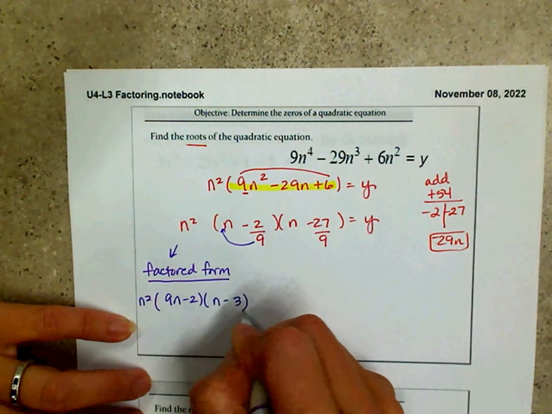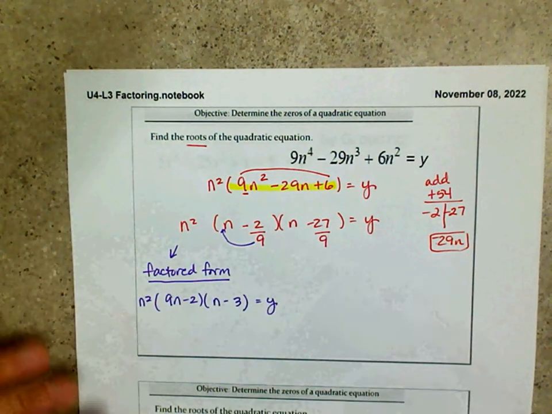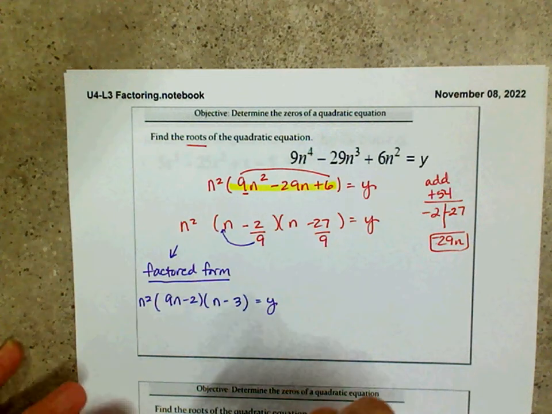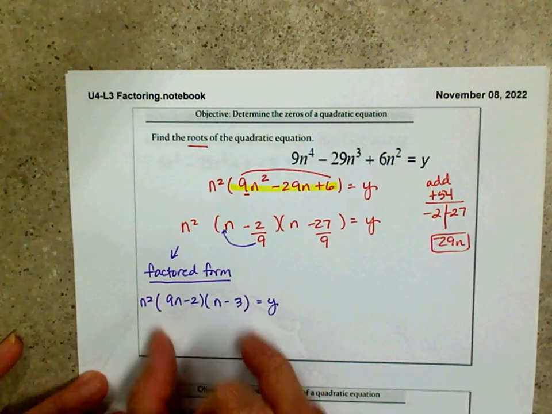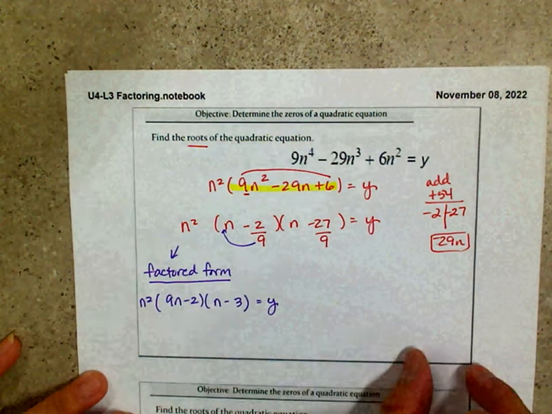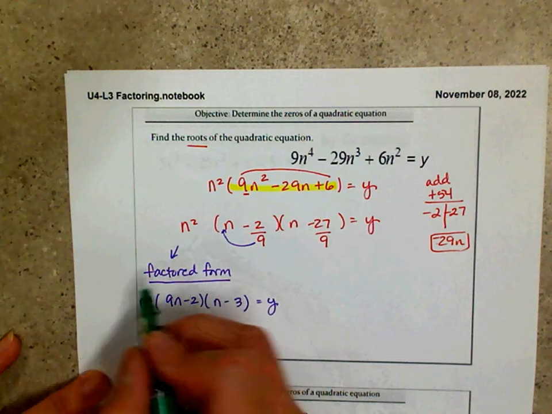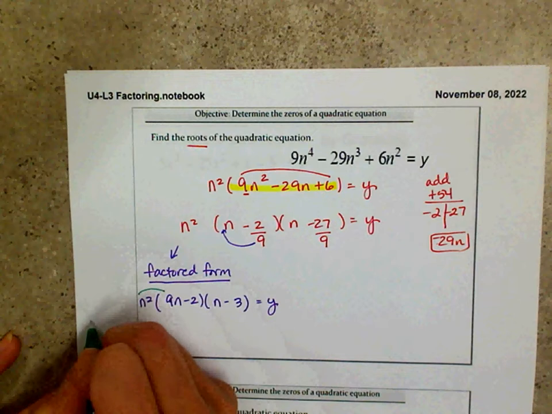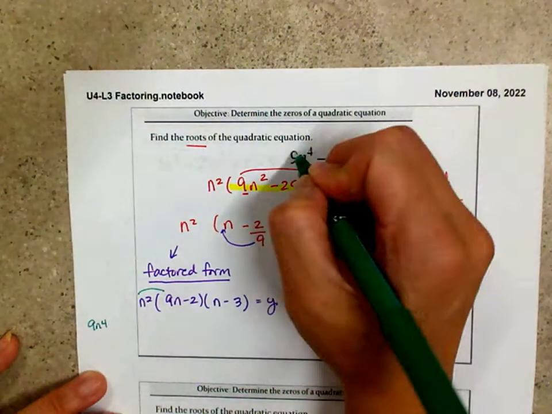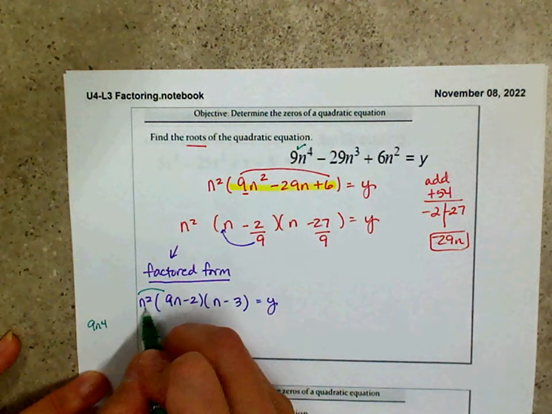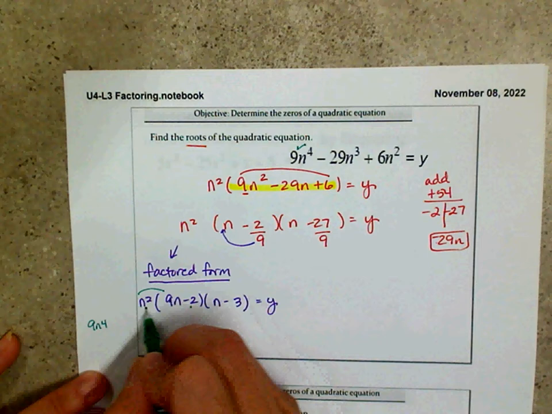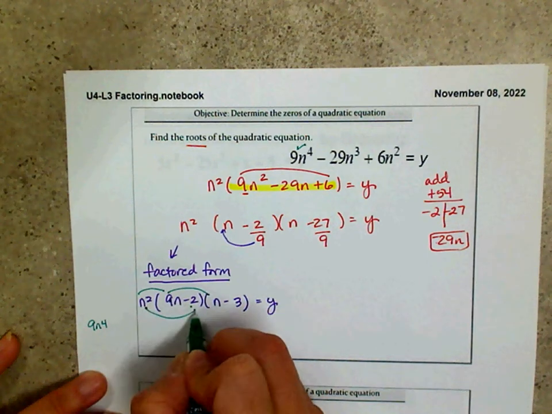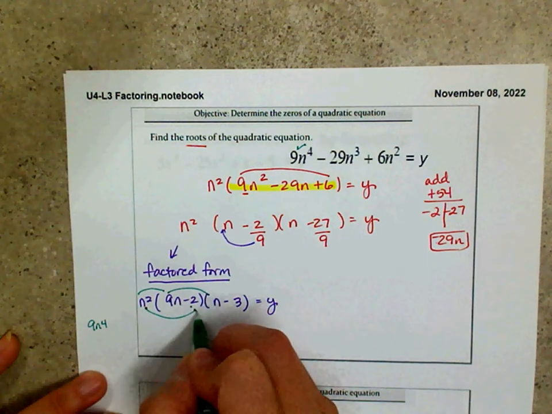There's my factor form, okay? Now, you can use this to solve, or you can use this to solve. Okay, here we go. n squared times 9n squared: 1 times 9n squared is 9n to the fourth. Check. n squared times negative 2 is negative 2n squared, times negative 3 is positive 6n squared. Check. So your factoring is correct.